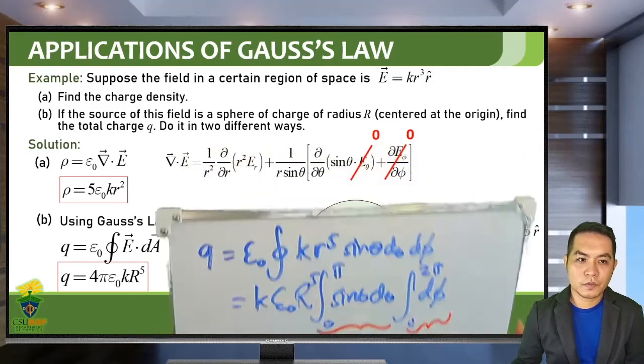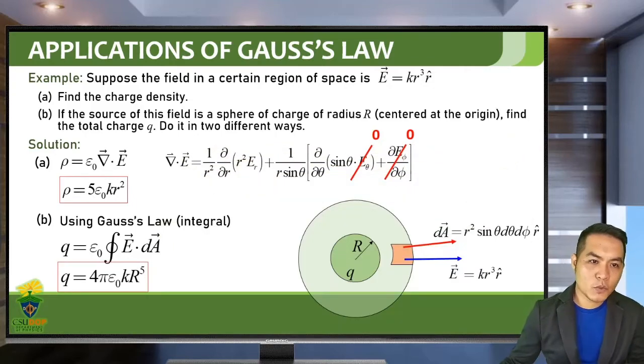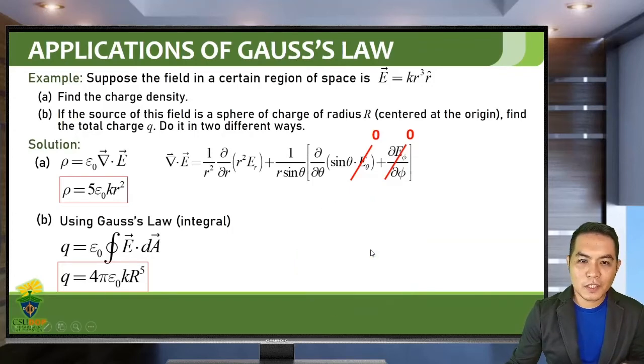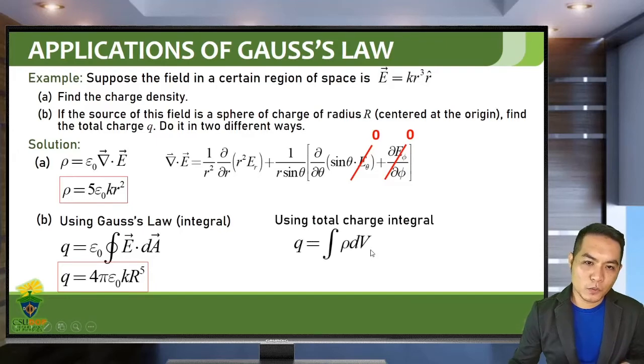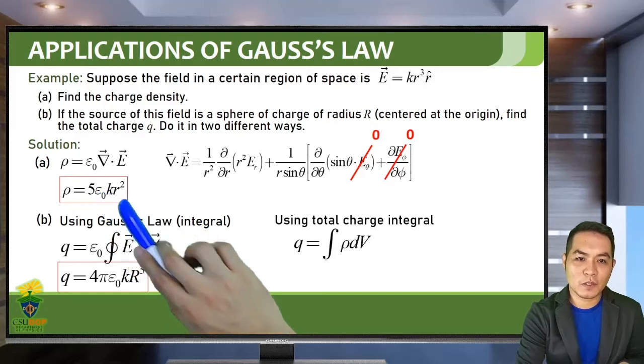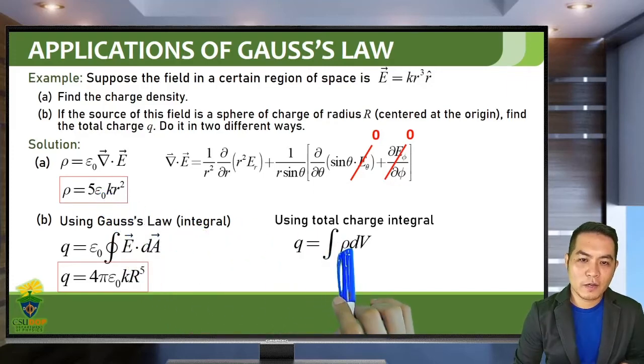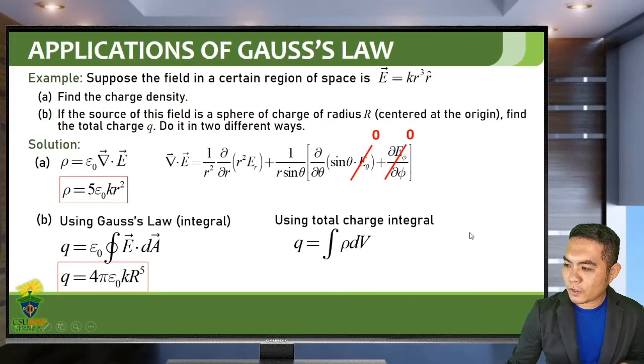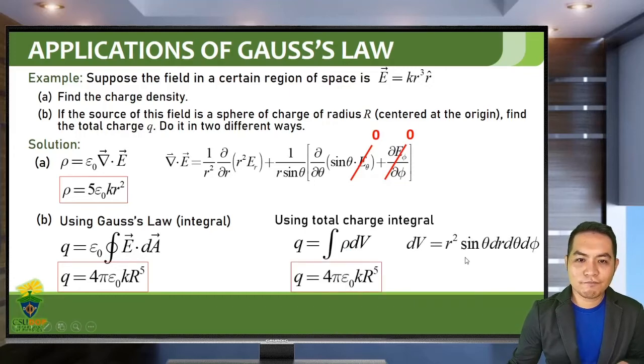The second way to solve for the total charge is to use the total charge integral formula. Since we already know the charge distribution rho from the differential form of Gauss's law, we integrate over the total volume dV of a sphere given by this equation, and you will get the same result.